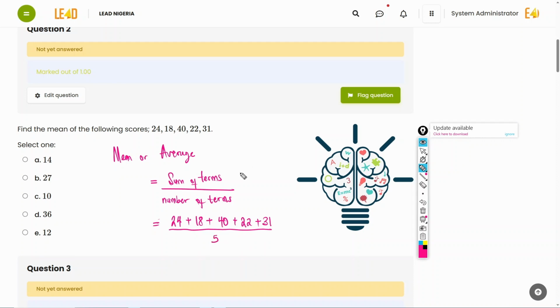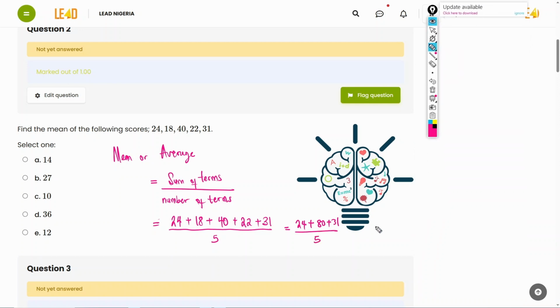Okay, so if I add this up, 18 and 22 would give me 40, plus another 40, that's 80. So it's basically 24 plus 80 plus 31 over 5. 24 plus 80 would give me 104, plus 31 gives me 135 over 5, right?